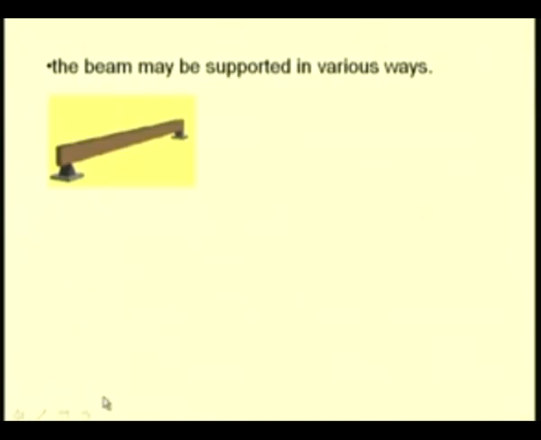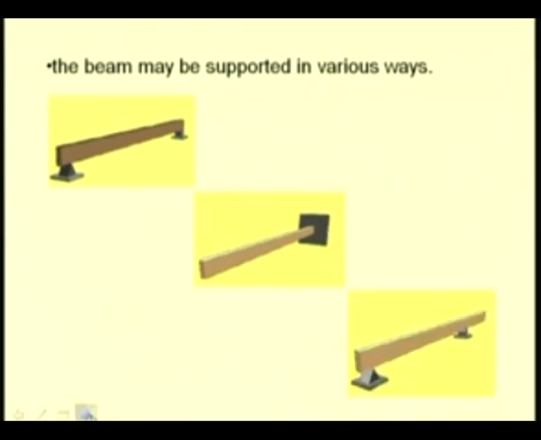The beams can be supported in various ways. Here you see a beam that is being supported by a roller and a pin, or a beam could be supported by embedding it into a wall as shown in this picture, or the beams could be overhanging, that means they extend beyond the support.